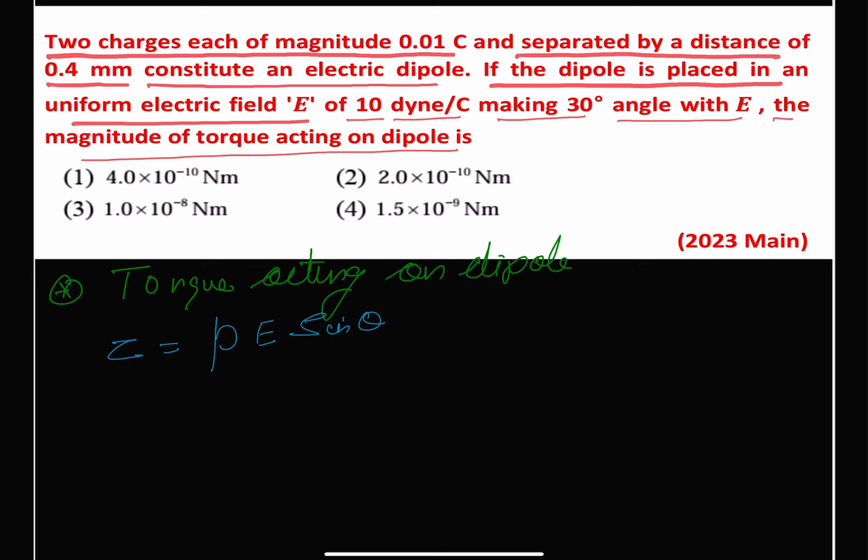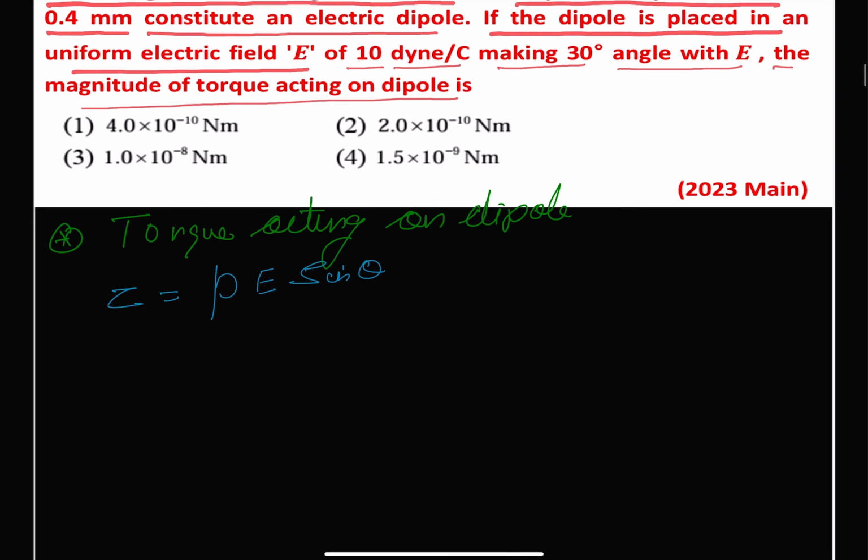And here P is the dipole moment, which will be equal to Q times D. Q is the charge and D is the distance between them.